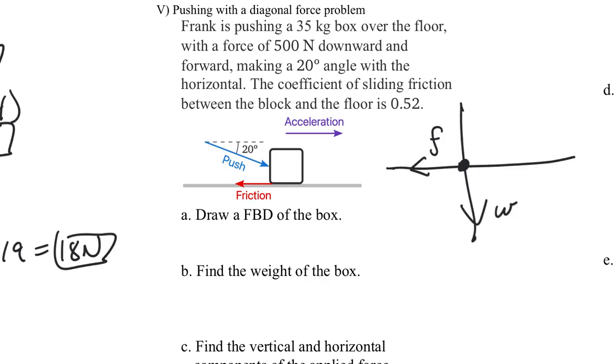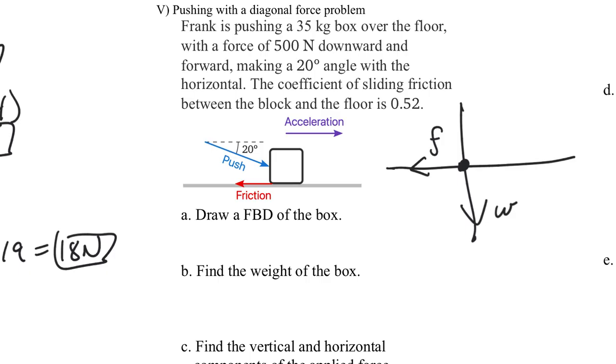Okay, now, do not draw your push like this. Don't draw it like that. You're supposed to always draw the force vectors, the arrows, away from the box, from the object, in this case the box.